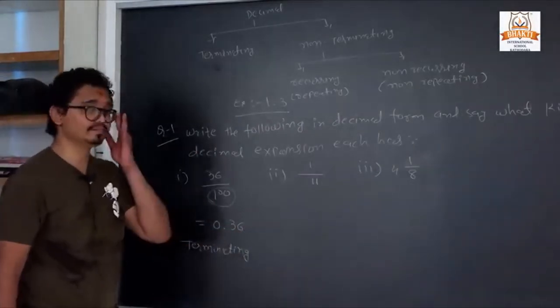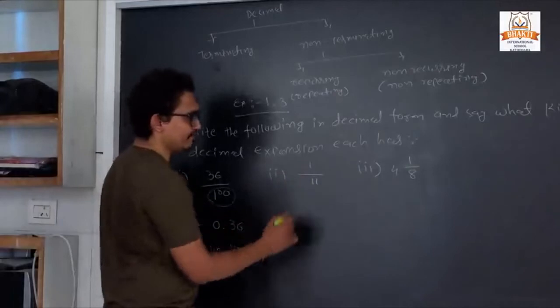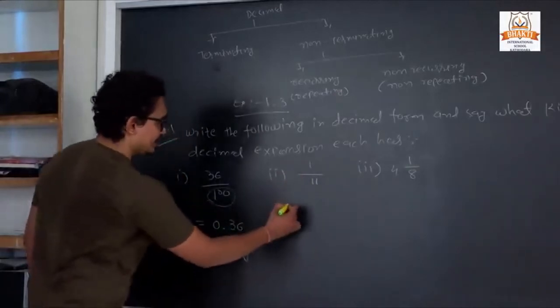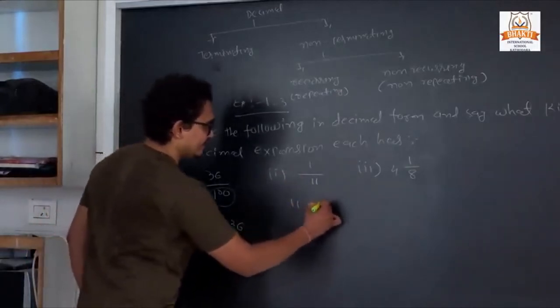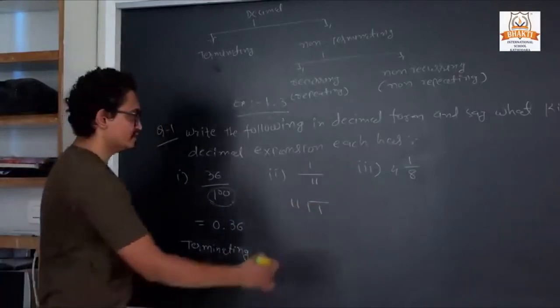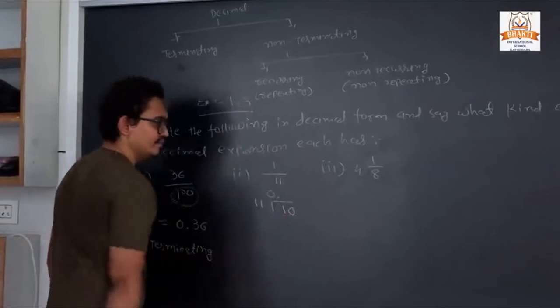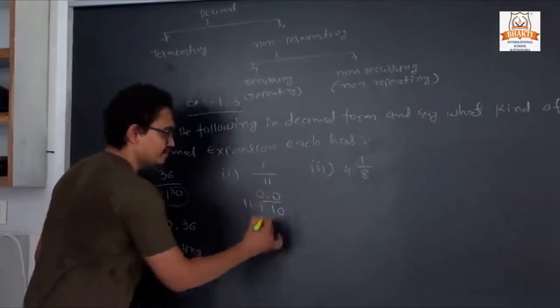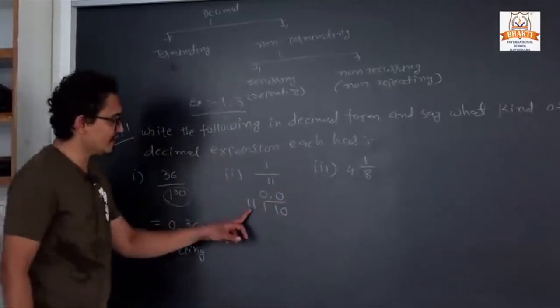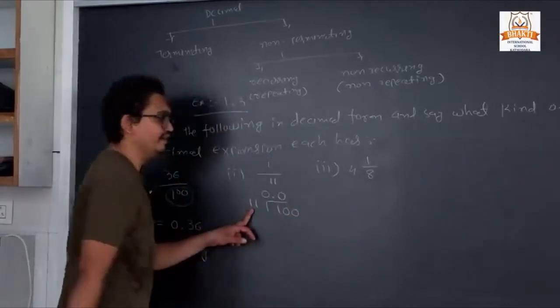Now second, 1 upon 11, so we write 11 divided into 1. First we put 0, so here we have a point. Once again we put 0, so now here we have 100.